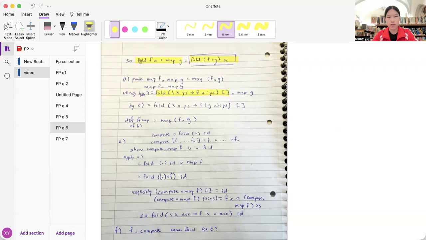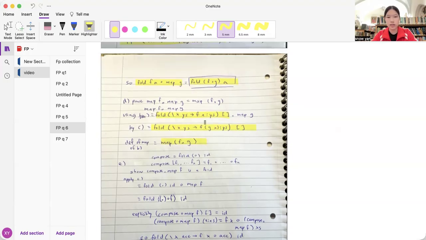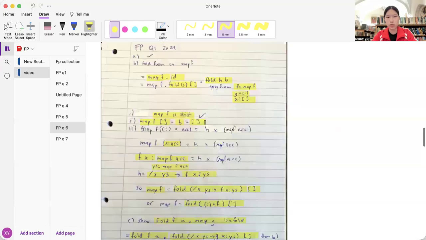Then if I write it in the form of a fold, then I can use part C, what I got, right into this. And then this would just be the definition of map of B, right? So then I can just show that it's that case. So it's pretty straightforward. It's just using the part B and C that we got earlier and just working with that.